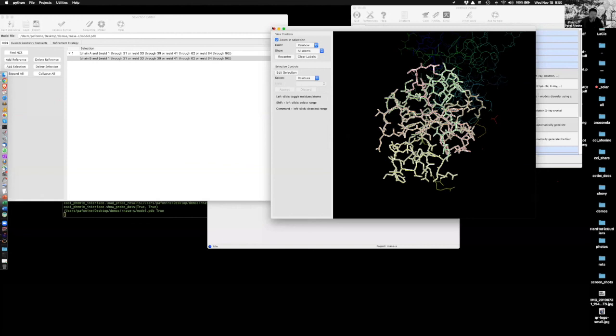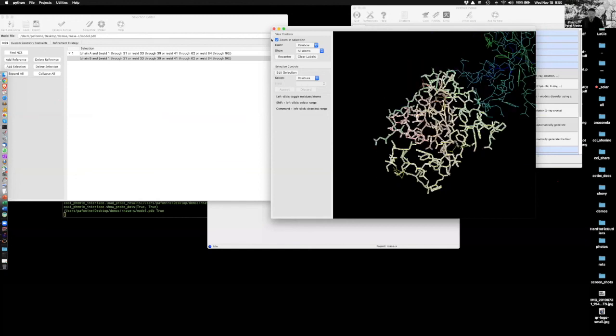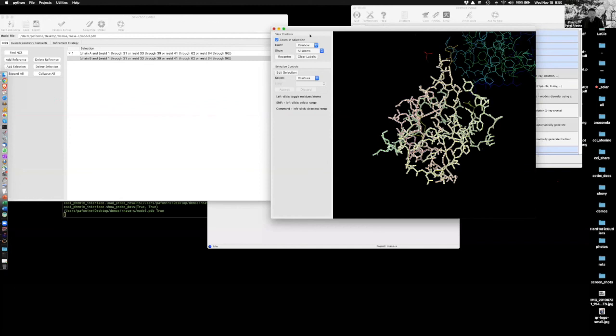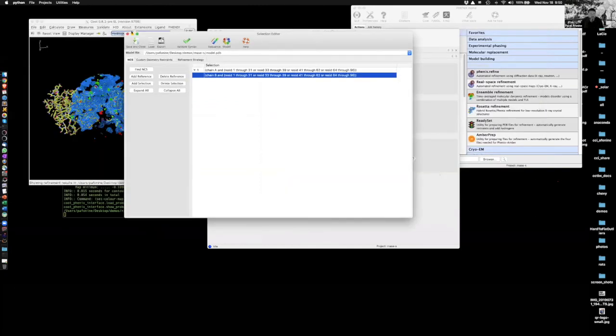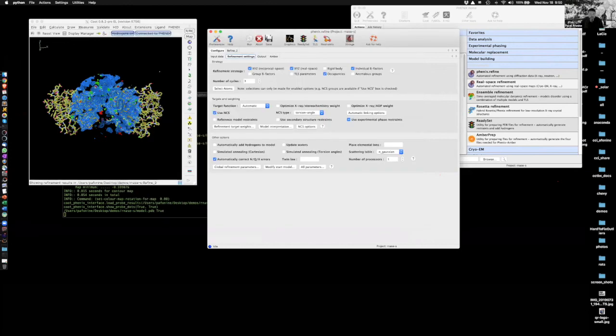But these are all the options you have, so you can play with this and define what you want to do. So you can just close, or you can save and close, which means you'll be actually using these NCS restraints in your next refinement run.